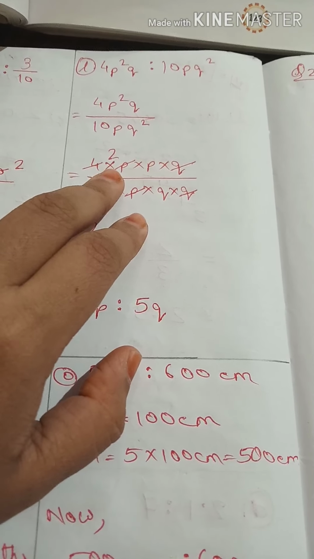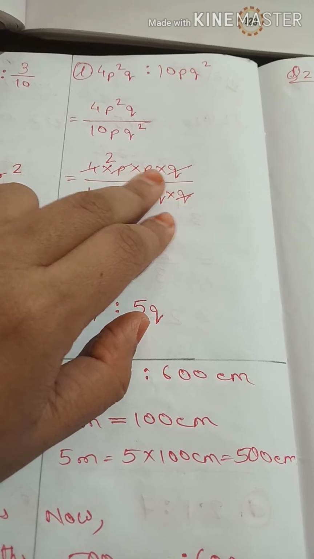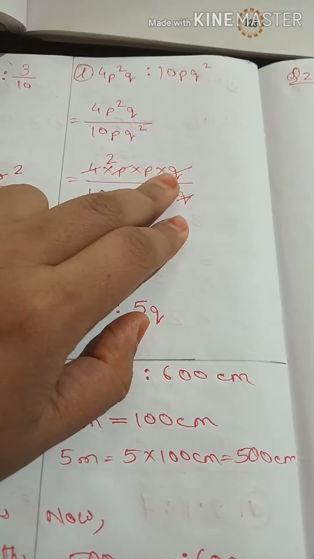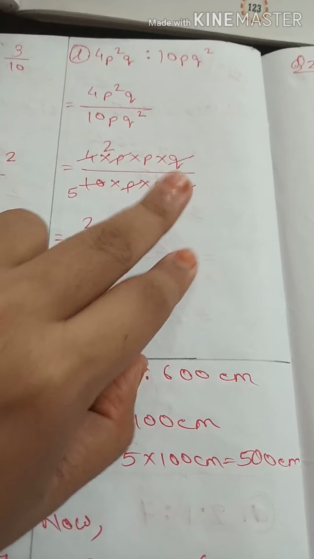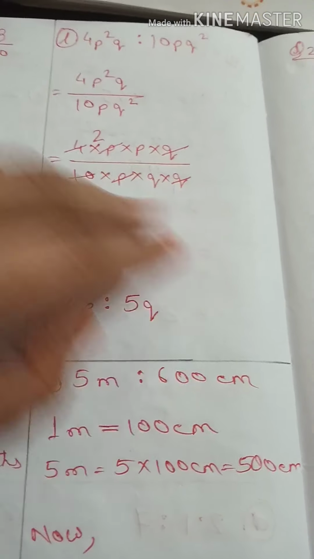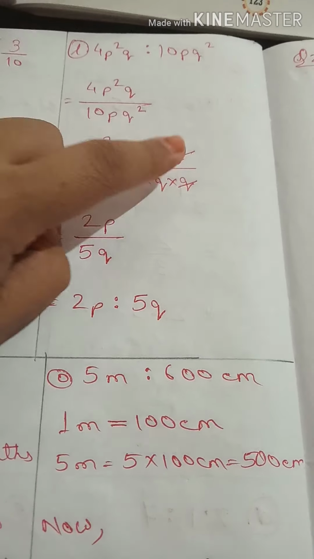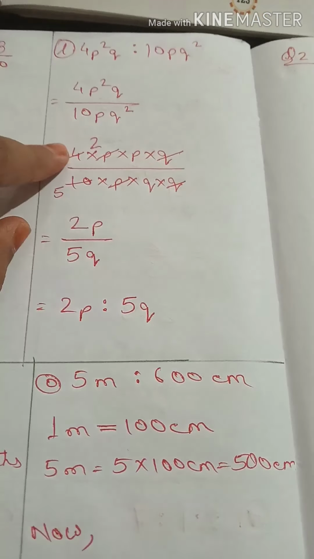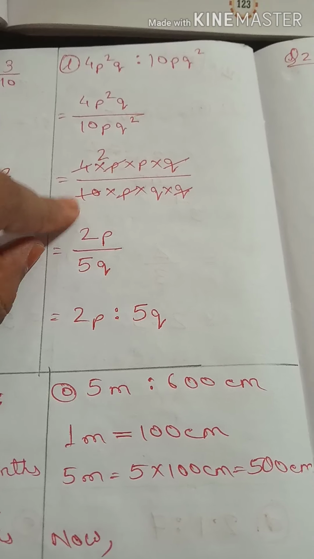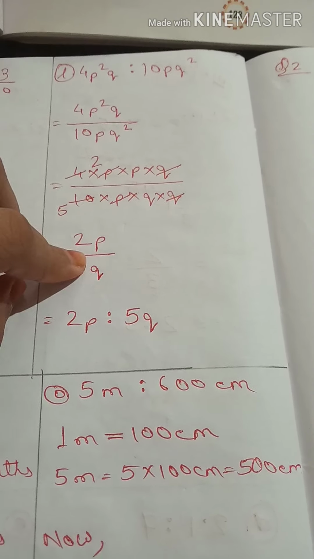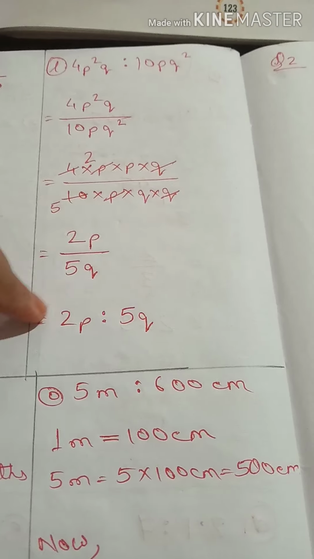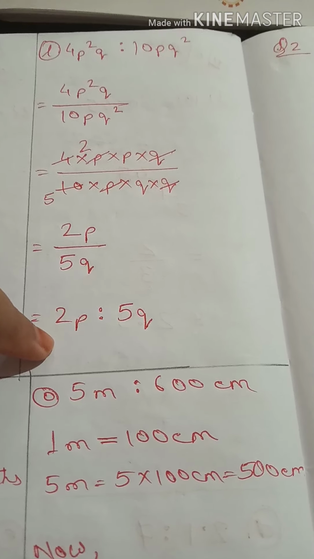So 4 into p into p into q, divided by 10 into p into q into q. Now p and p you can cancel, q and q you can cancel, and 4 and 10 can be cancelled with the help of 2. 2 2s are 4, 2 5s are 10. So what are we left with? 2p divided by 5q. So in ratio form, that is 2p is to 5q.